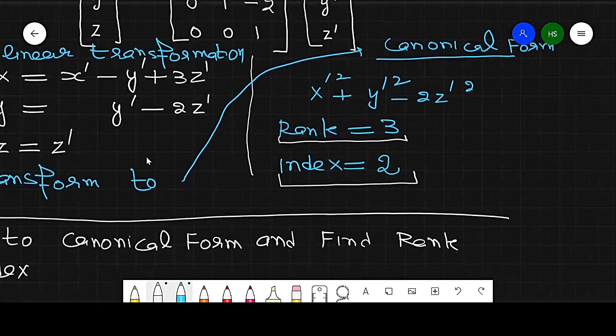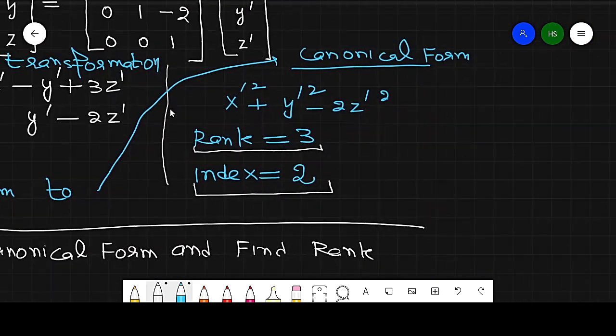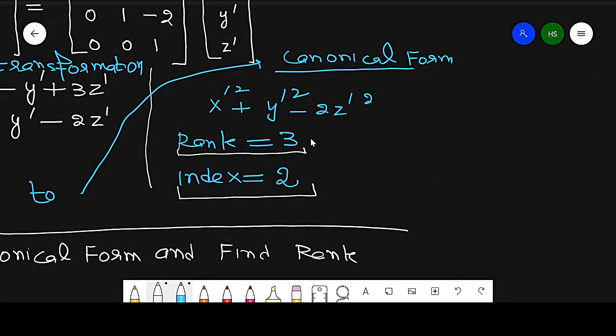Now here we get this kind of result. What is rank? Rank is R. What is index? Index is S. So what is n? n is the number of variables, which is equal to 3, right?